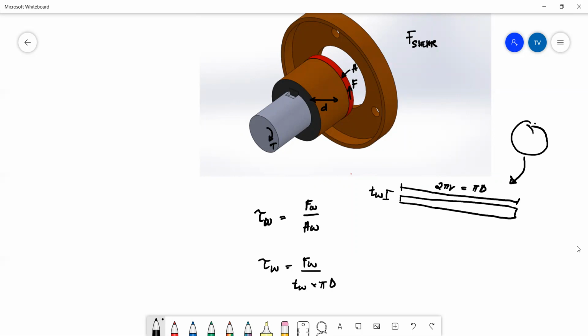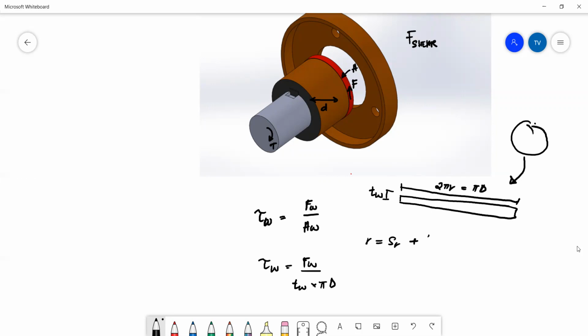Yes, very good, Shivnu. So our diameter will be equal to the shaft diameter, or sorry, no. Let's just find the radius first and multiply it by 2 to get the diameter. So the radius will be equal to the shaft radius plus the thickness of our key above the profile of the shaft.